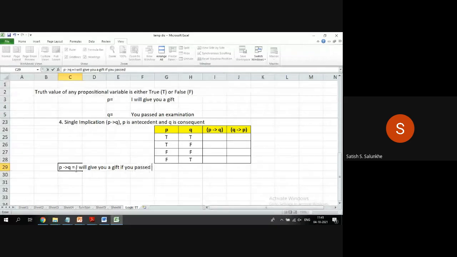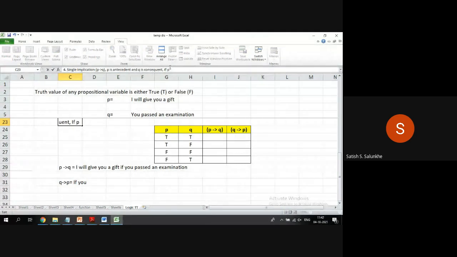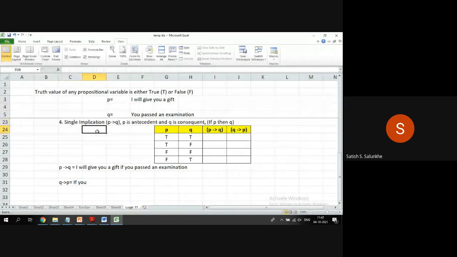Okay. And what is Q implies P? If you passed an examination, okay, how it is interpreted, that also I need to write here. It means if P, then Q. Okay, this is the interpretation of this P implies Q. So if Q then P means what?